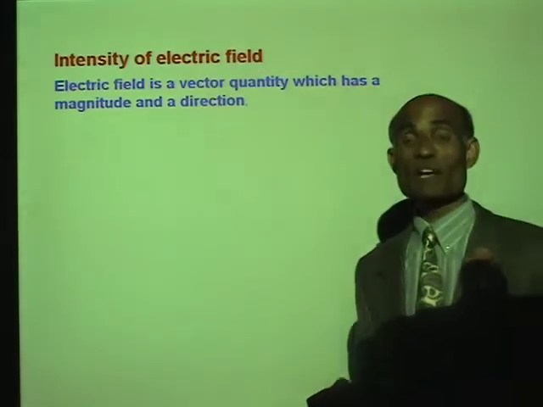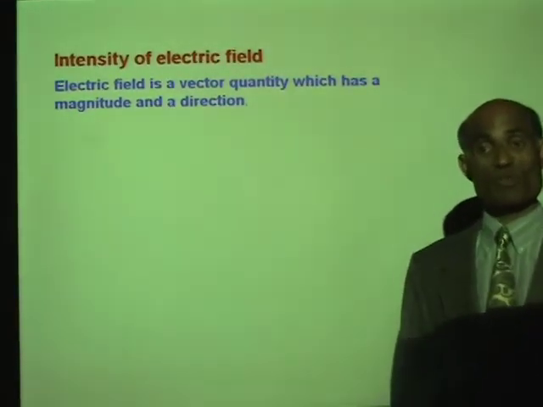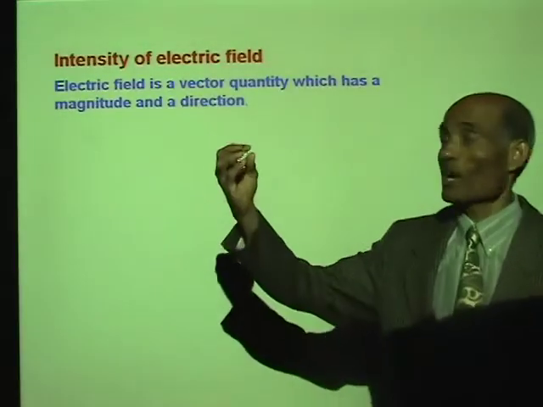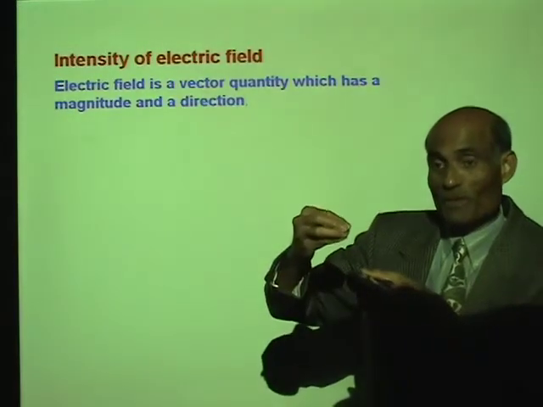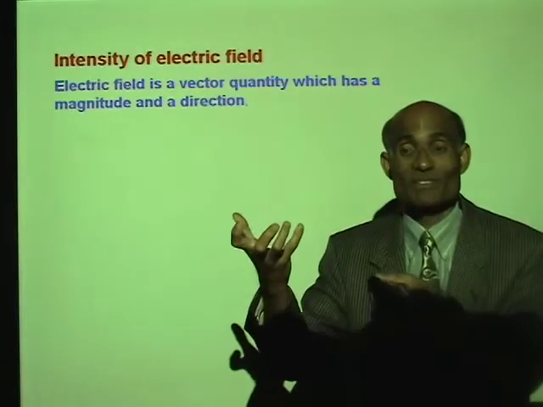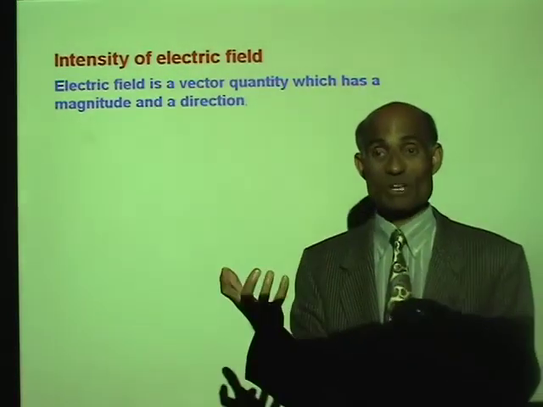Now, electric field is a vector quantity. I hope you understand the meaning of a vector quantity. It has a magnitude and a direction. A force always exists in a given direction. So, an electric field is actually a force, and therefore it has a magnitude and a direction.